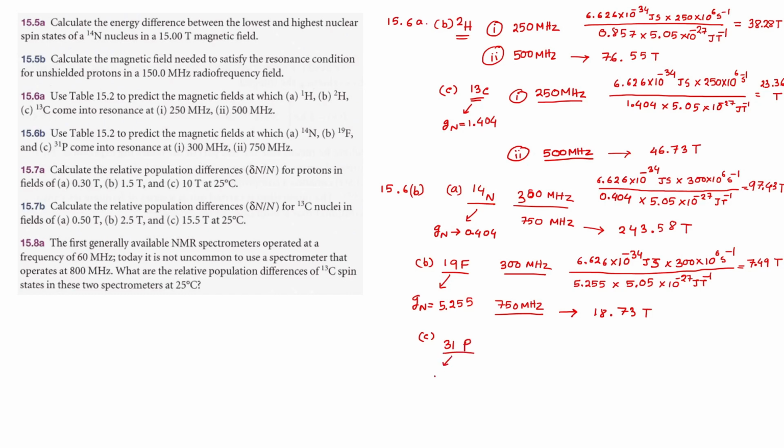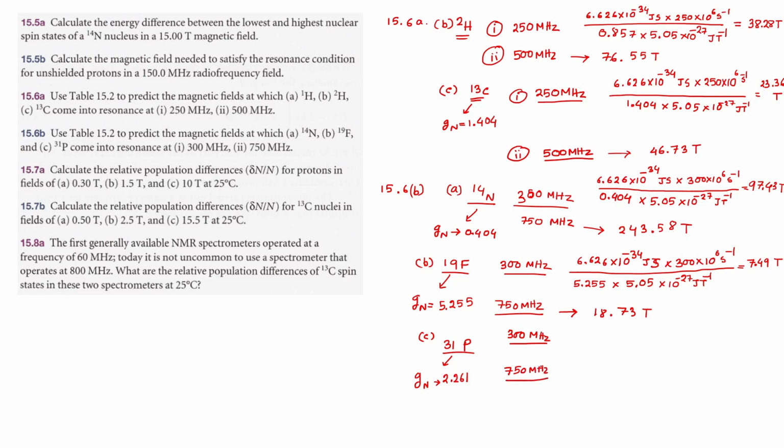And GN for this is 2.261. Okay. So for 300 megahertz, I'll just give you the answer directly.